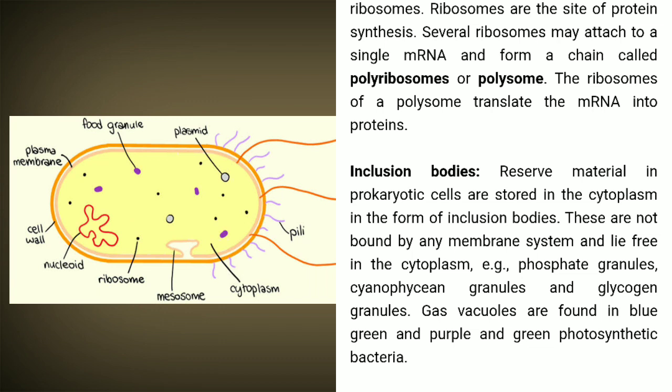They are permeable to atmospheric gases, which keeps the bacteria floating on or near the surface of water, to receive light for photosynthesis or to avoid strong light. They are not bounded by any membrane. As you know, the prokaryotic cell does not have an inner compartment or inner envelope system, so we call it a one envelope system. Therefore they remain in the form of phosphate granules, cyanophycin granules, glycogen granules, etc.